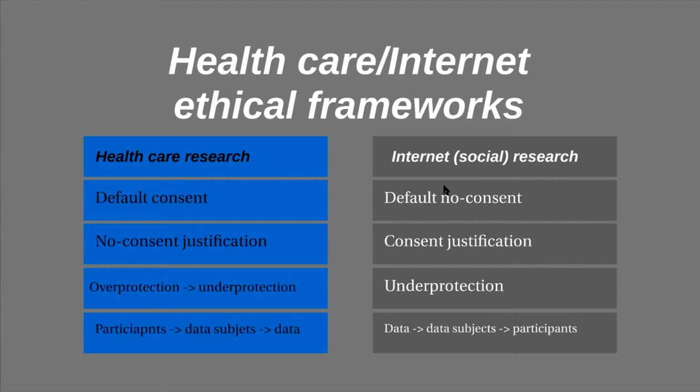The default option is lack of consent. But sometimes they think that consent is justified. So they try to build arguments for why consent should be justified, even if from a regulatory point of view, we don't even talk about research involving human subjects.